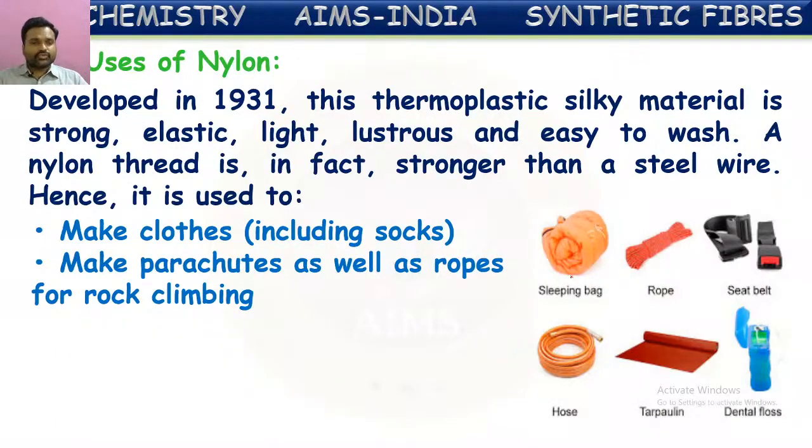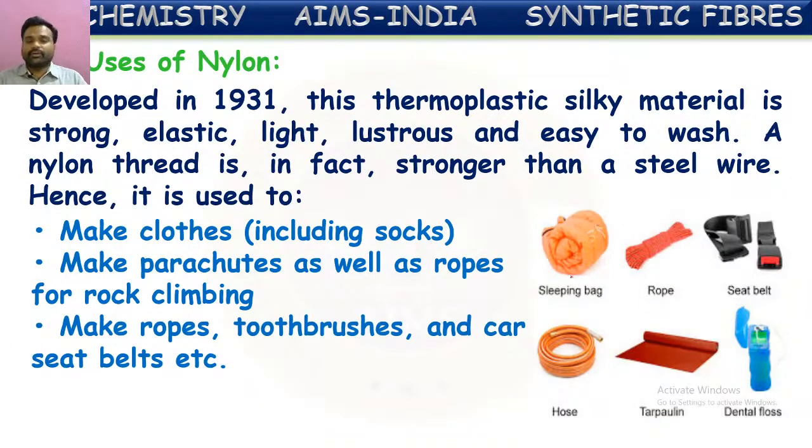Nylon is used in making parachutes as well as ropes for rock climbing, toothbrush bristles. I think we use these toothbrushes daily. The bristles of this toothbrush are made of nylon, and car seat belts too.